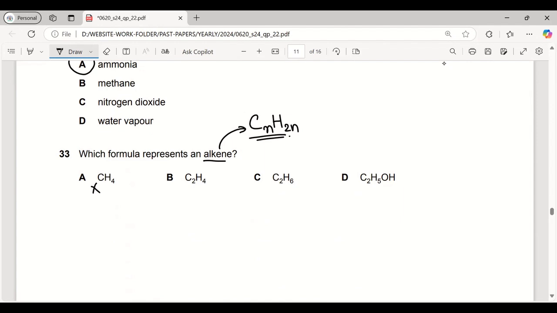No. Is it C2H4? Yes, it can be, because if we take n as 2, then hydrogen is 2n, which makes C2H4. C2H6, no, this is an alkane. It's propane, and this contains an alcohol OH group, so this is obviously not the answer. The answer is B.